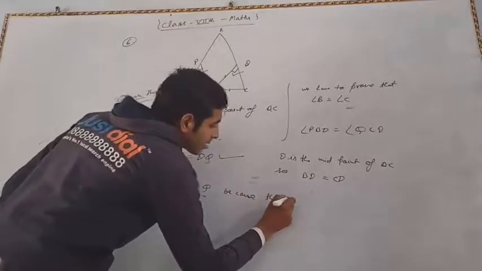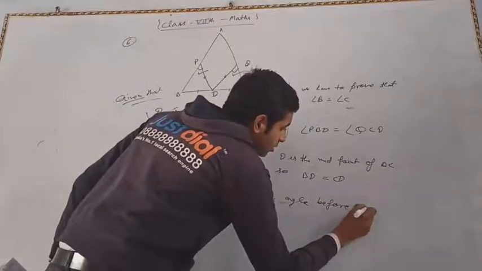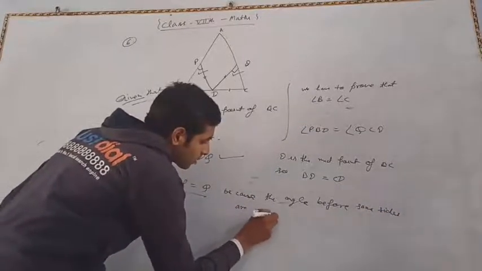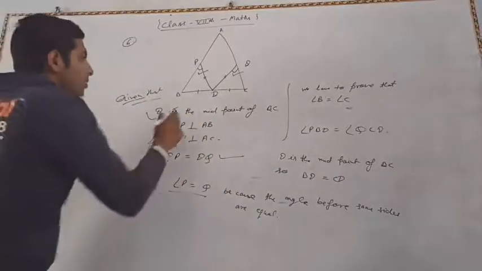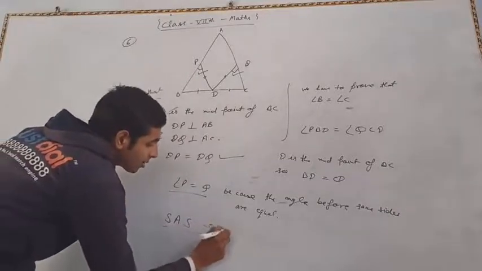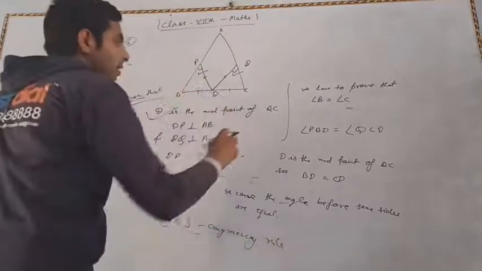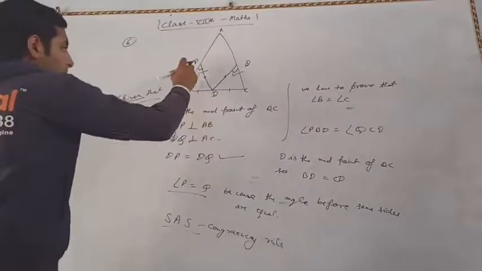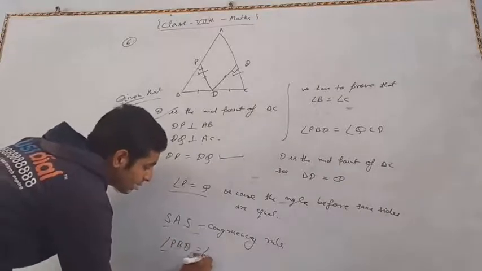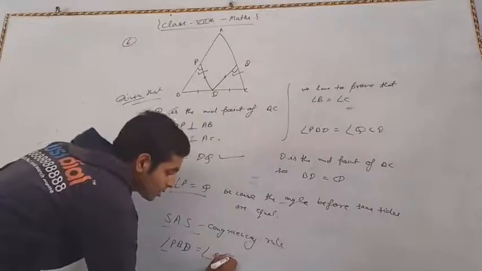So from here we follow the SAS congruency rule, and we find that angle B is equal to angle C, that is, angle PBD is equal to angle QCD.